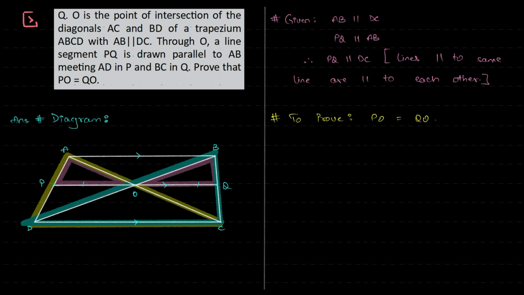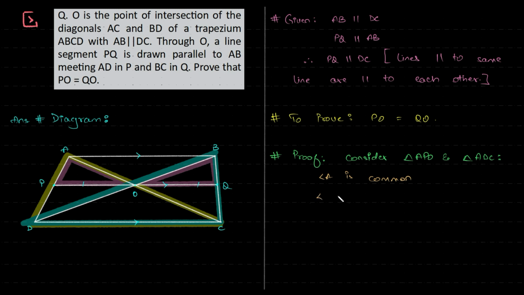I told you, always write what we know, what is obvious. So the proof: consider triangle APO and triangle ADC. Again, we are writing things which are obvious. We have angle A common.